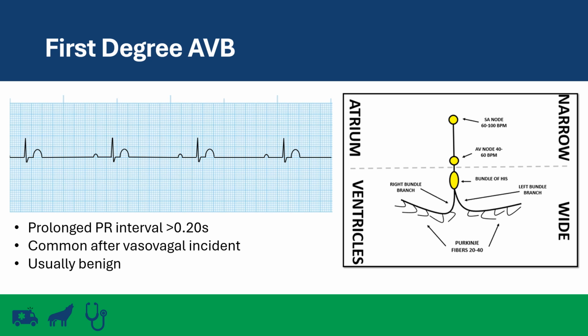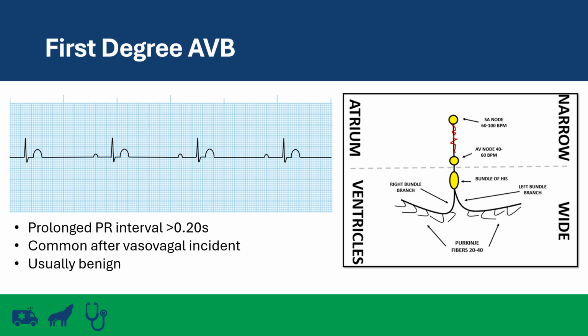In a first degree heart block, the only main problem is that there is a prolonged PR interval. Remember that our PR interval should be from 0.12 to 0.20 seconds. In a first degree heart block, there has been some damage on this conduction pathway from the SA node to the AV node.